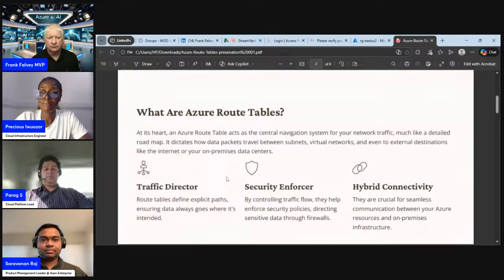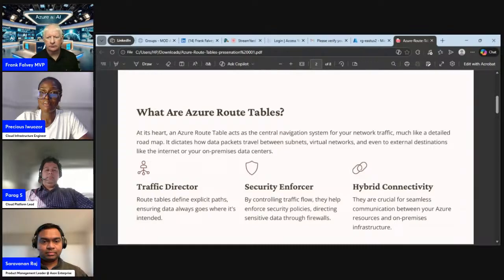So now, what is Azure route table? Azure route table acts as the central navigation system for your network traffic. Much like a detailed roadmap, it dictates how data packets travel between subnets, virtual networks, and even external destinations like the internet or your on-premises data center.